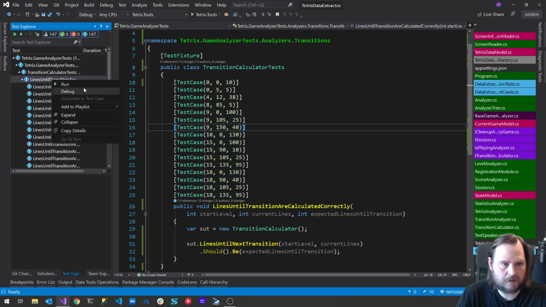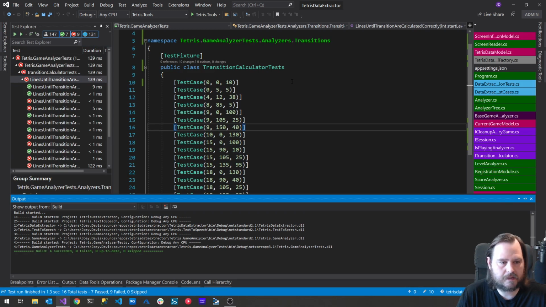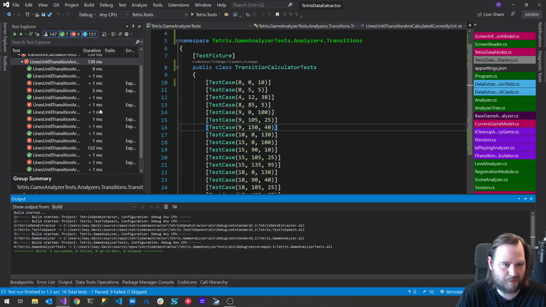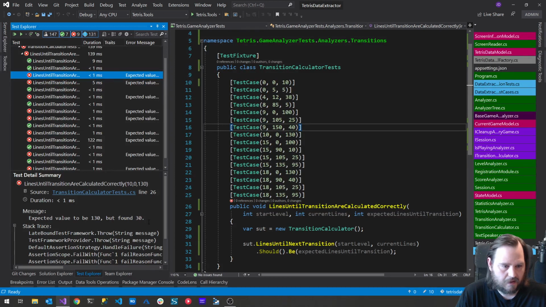So let us run this test and see what happens. Ready, set, go. Now, if we get red X's, it might be because our algorithm is wrong or my initial setup was wrong. So we've got a few things that are broken here. Which one was this?